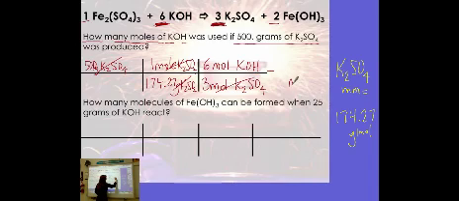My units at the end are going to be moles of KOH. And if I multiply this out, 500 grams times 6, divide by 174.27, divided by 3, my final answer is 5.74 moles of KOH.